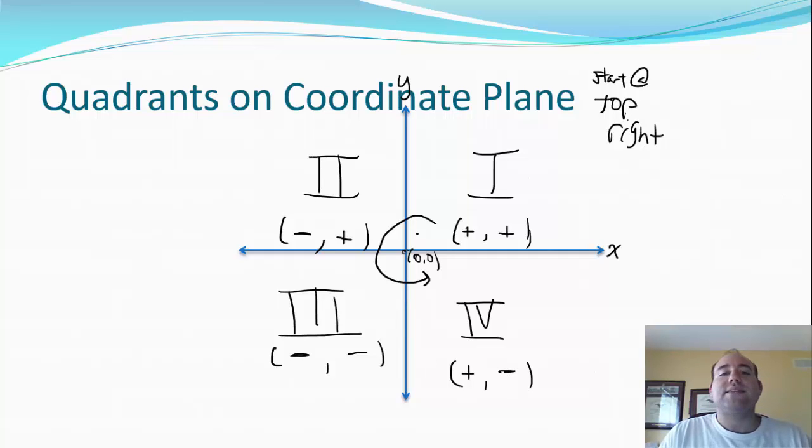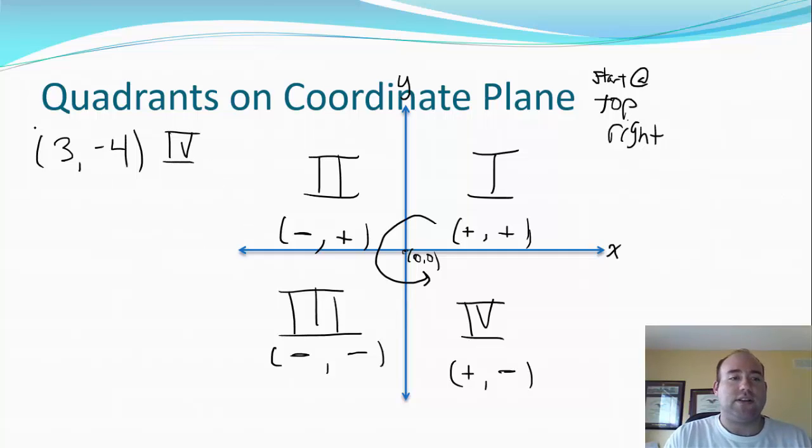Okay, that's important because you may see some problems where they'll say something like, where is 3, -4? And you look and you say, okay, the x is positive, but the y is negative. Oh, it must be in the fourth quadrant. Okay, and this isn't in your note sheet. This is just a little additional example of some things we're going to see in this section. All right?